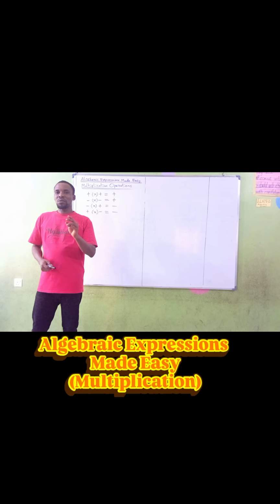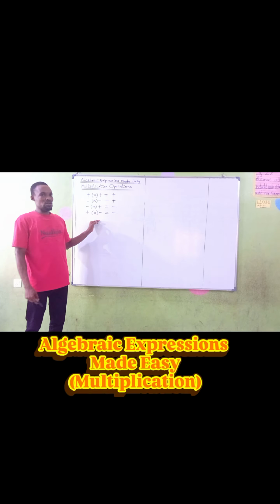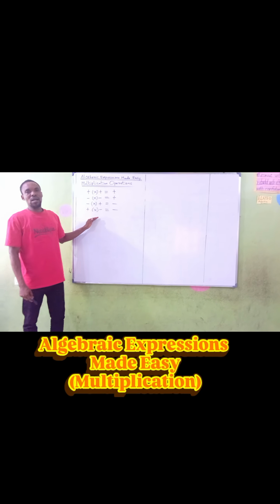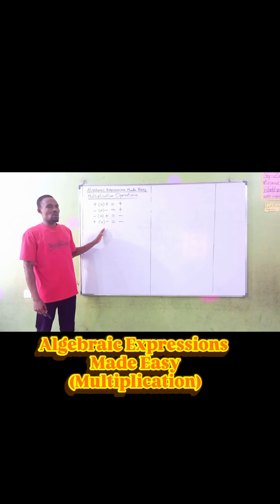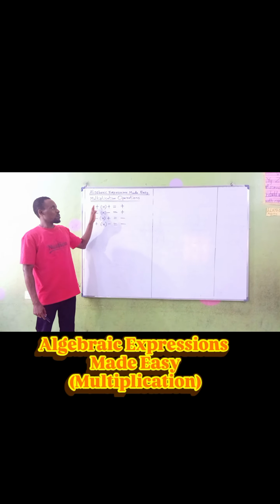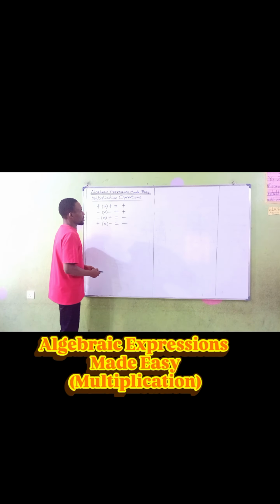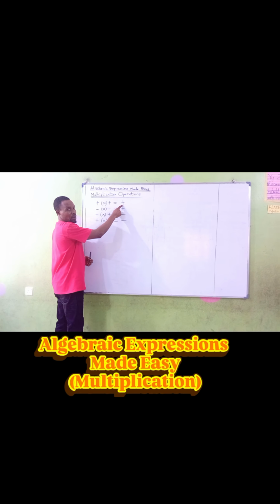Now, one thing you need to understand is that when we talk about multiplication operations in algebraic expressions, all the rules that apply to arithmetic also apply to algebraic expressions. How? For instance, if we have a positive number multiplying another positive number, the result will always be positive.